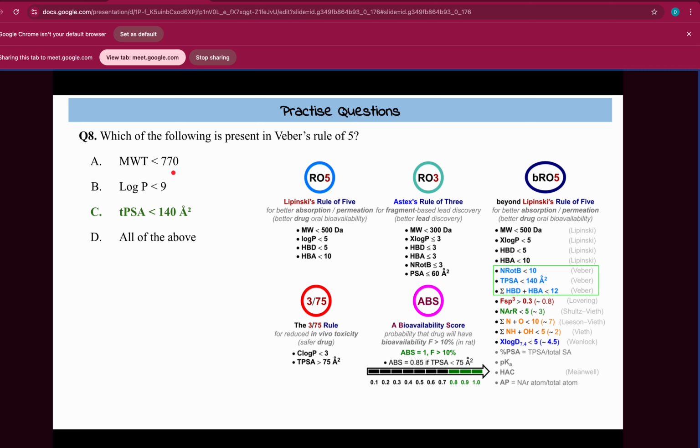So this is not right, because Weber also supports Lipinski's molecular weight. So this is 770, so this should be 500. So that's why this is not true. Whereas log P, in this case, it should be less than 5. Whereas in this case, they are mentioning less than 9, which could also be 8. So this is also not true. So that's why option C is right.